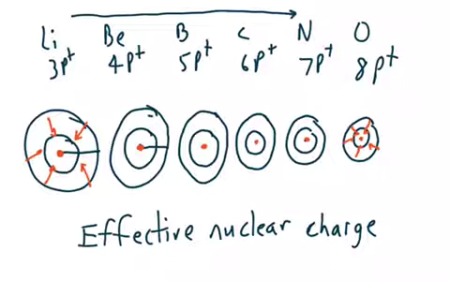As the number of protons increases, which is called the effective nuclear charge, the higher number of protons pulls the electrons in more tightly. It pulls them more towards the center. And when you pull the electrons more towards the middle, it actually reduces the overall size of the atom. And that is the reason why atoms get smaller as you go from left to right.